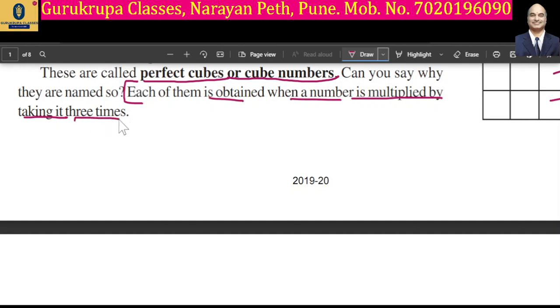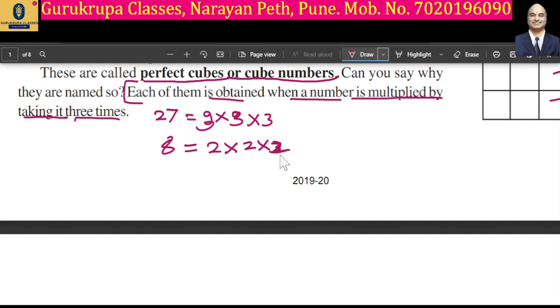3 times. For example, 27: we take 3 into 3 into 3. 3 3s are 9, 9 3s are 27. Number 8: we take number 2 three times and multiply them. 2 2s are 4 and 4 2s are 8.